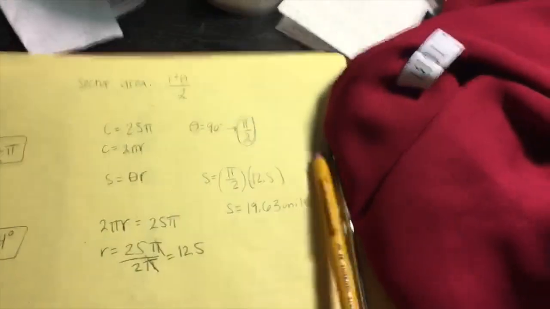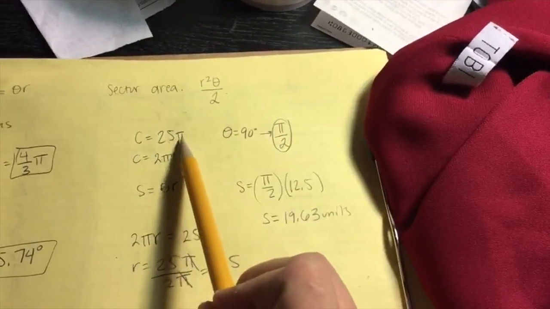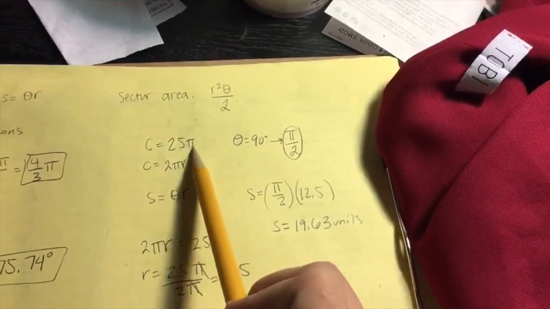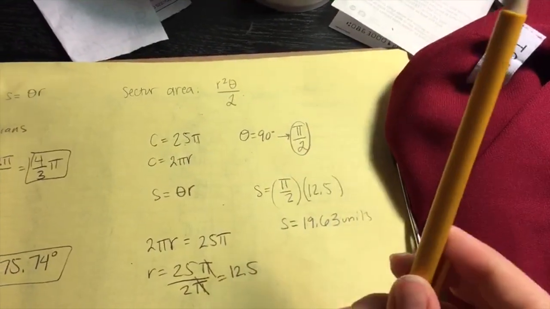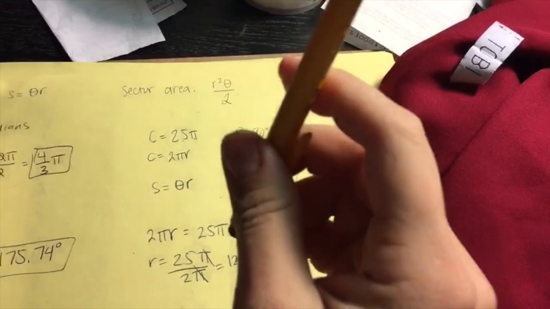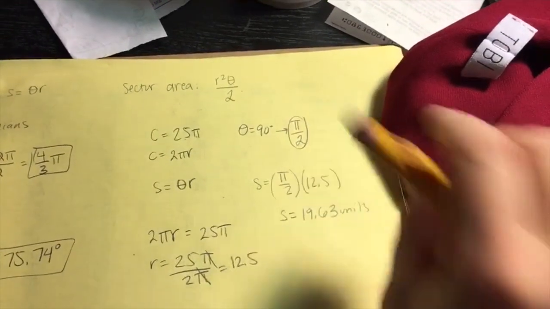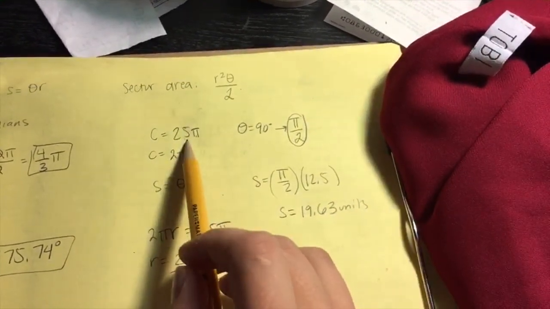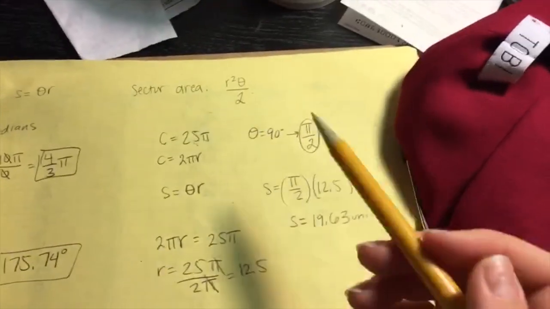However, there's another quicker way to think about this problem. The circumference, aka the entire circle, one whole circle, has a circumference of 25 pi. What fraction of a circle is 90 degrees? It's 1/4. There are 4 90-degree marks in a full circle. So I need to find the arc length of 1/4 of this. In other words, if I cut this thing into fourths, I've found my answer.